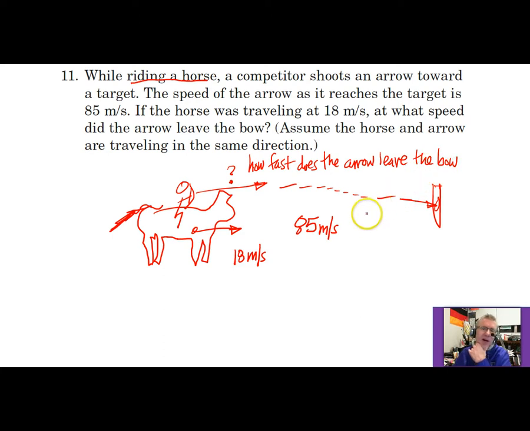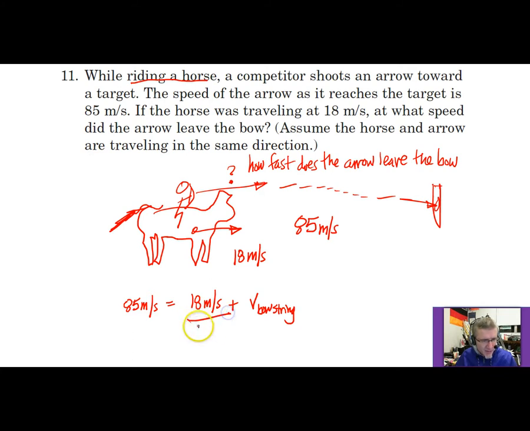Hey, feel free to pause the video for a second and see if you can figure it out. All right. So we know that the total velocity of the arrow when it hits the target is 85 meters per second. That equals the speed of the horse plus the speed of the bow. The string on the bow, actually. Bowstring.